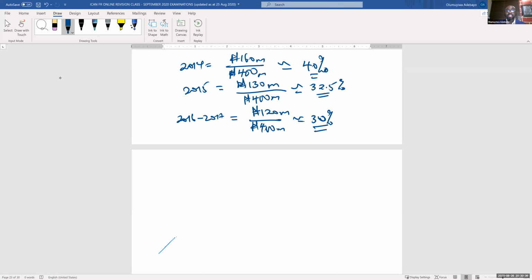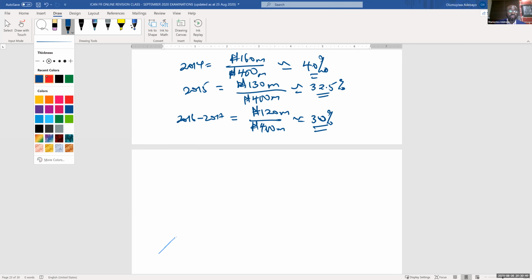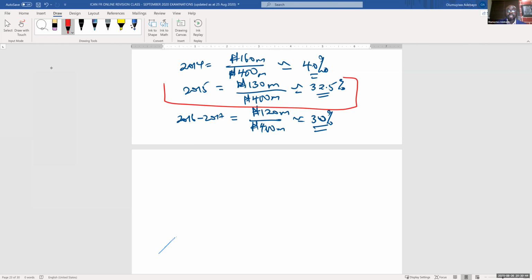Which then implies that 2015 is where the adjusting effect of changes in tax rate is effected prior to stabilization, which means 2015 is simply the year of change as it relates to deferred tax.